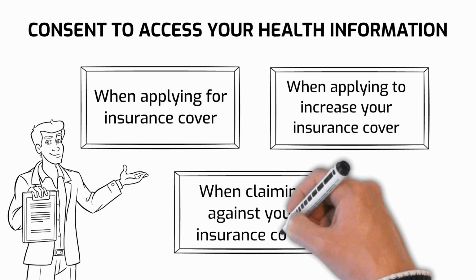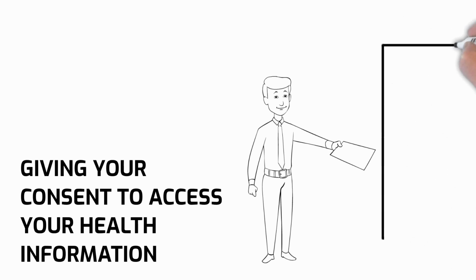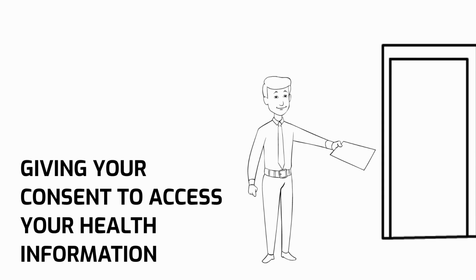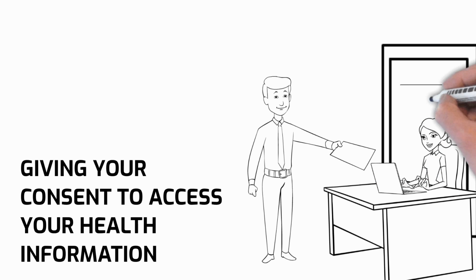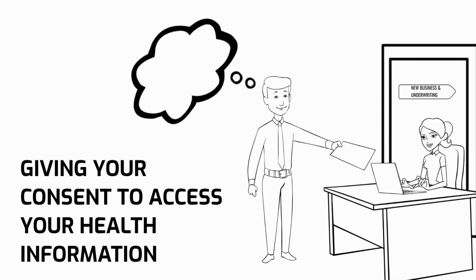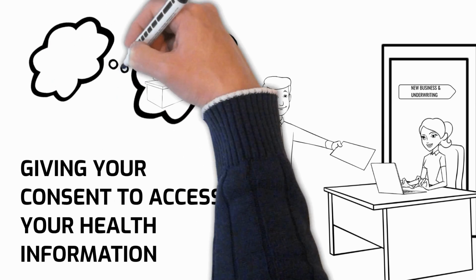In each of these circumstances, you are required to sign an authority form to allow the insurer to contact your medical or health professional and provide them with your consent so that they can ask questions about your health and well-being. For underwriting, this will help them determine whether they are able to offer you insurance cover or not. For claims, this will help them determine whether you are eligible to receive a benefit or not.